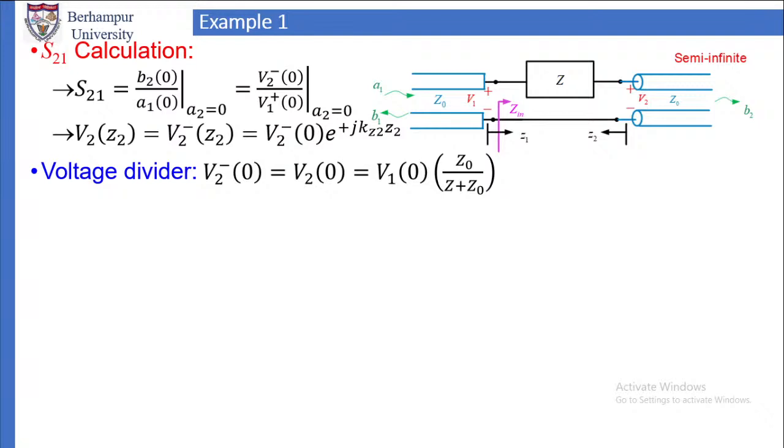So at the reference point, small z is equal to 0, so z2 is equal to 0. We are considering the second transmission line. So V2 minus 0 is equal to V2 0 when you have put z2 equal to 0 in the first equation. In the second equation, when you put V2 equal to 0, you get this.